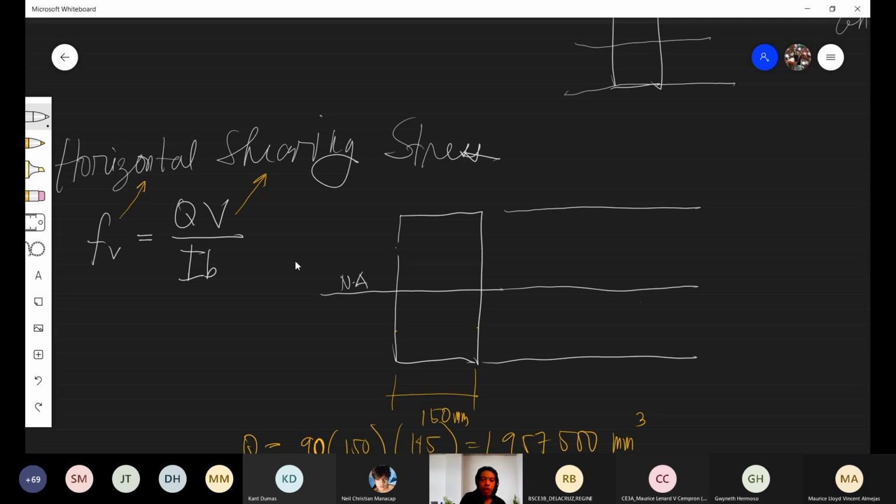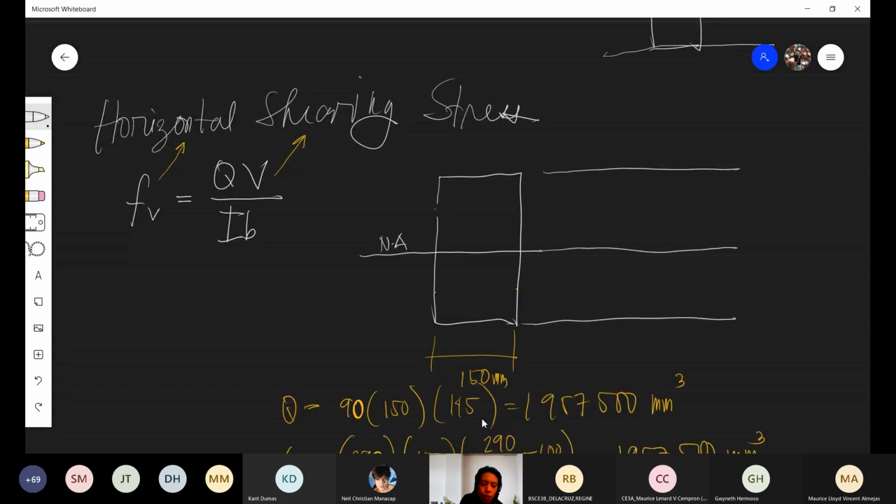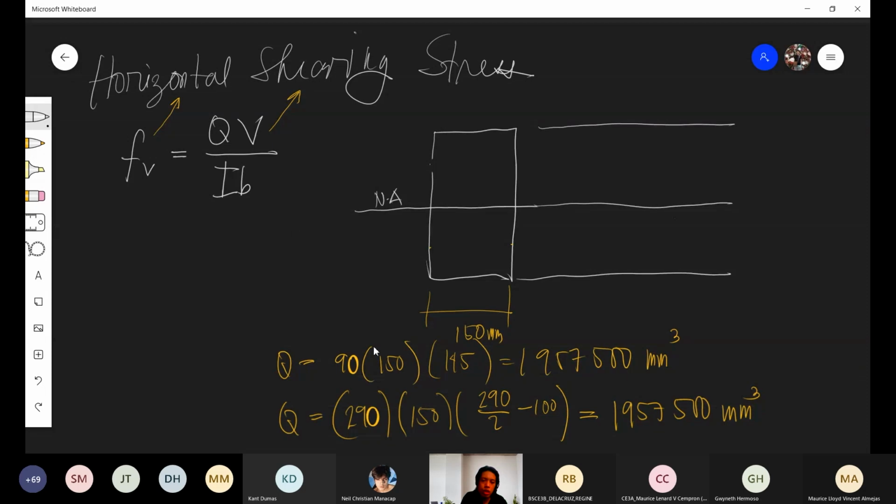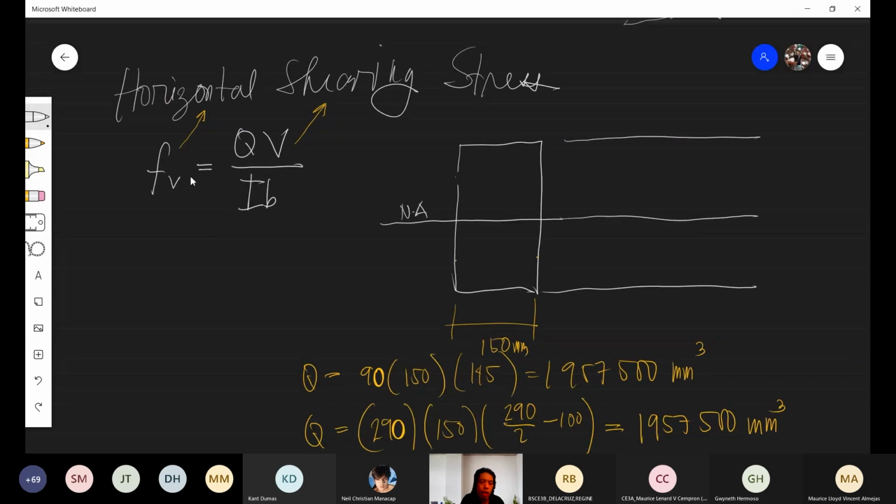Your Q is a function. Going back to the formula, on a certain section, your I is constant, because the I of the fiber here is equal to the I of the fiber here.